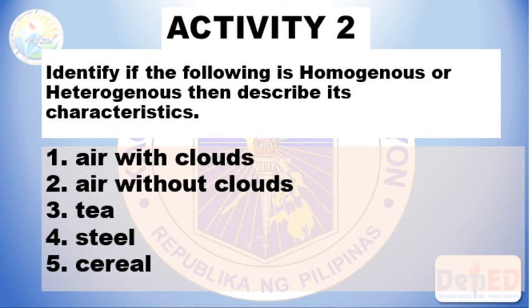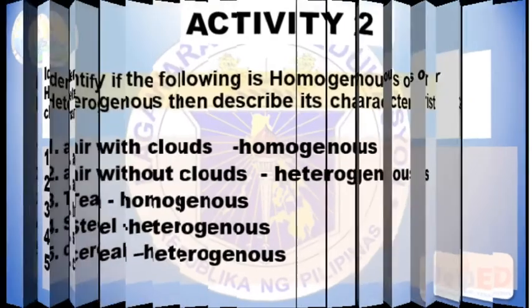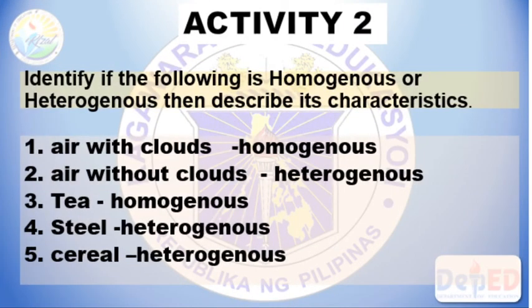Alright, let's check. Air with clouds, homogeneous. Air without clouds is what? Alright, number 1, correction. Air with clouds is heterogeneous.